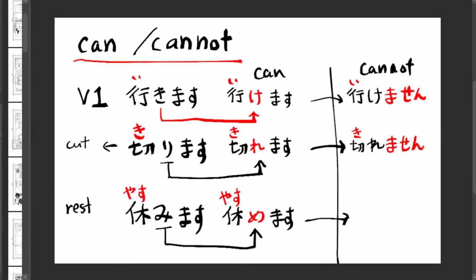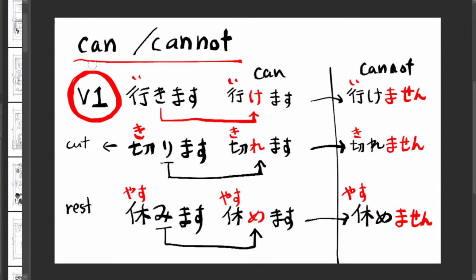You say yasumemasen. I cannot take a day off. So this is how you say can and cannot for V1.